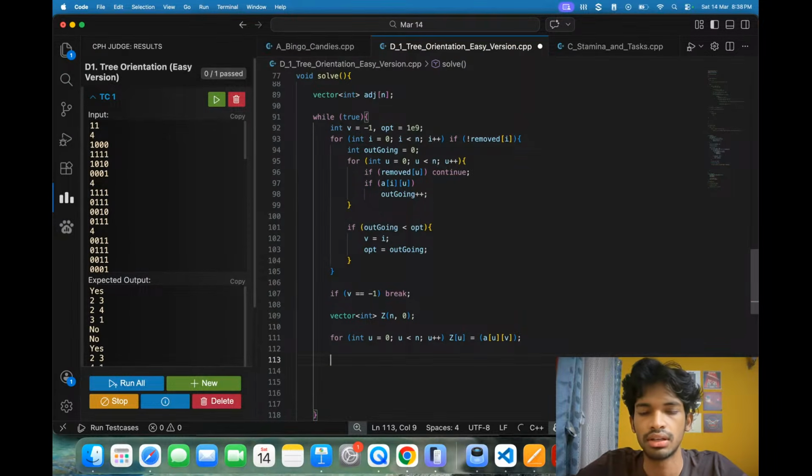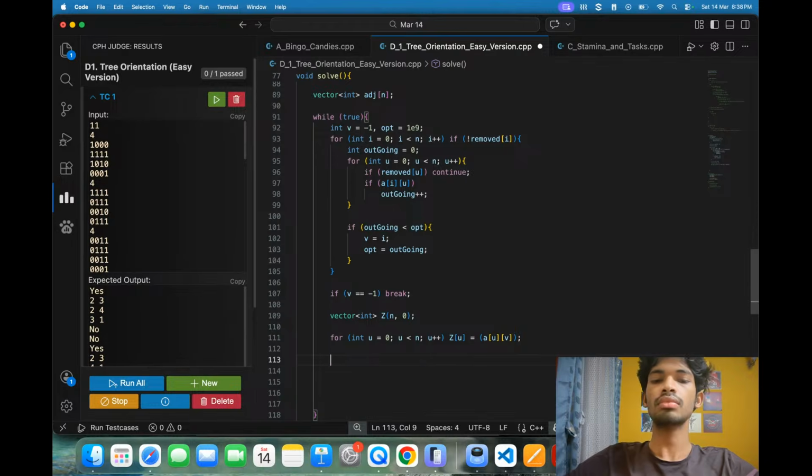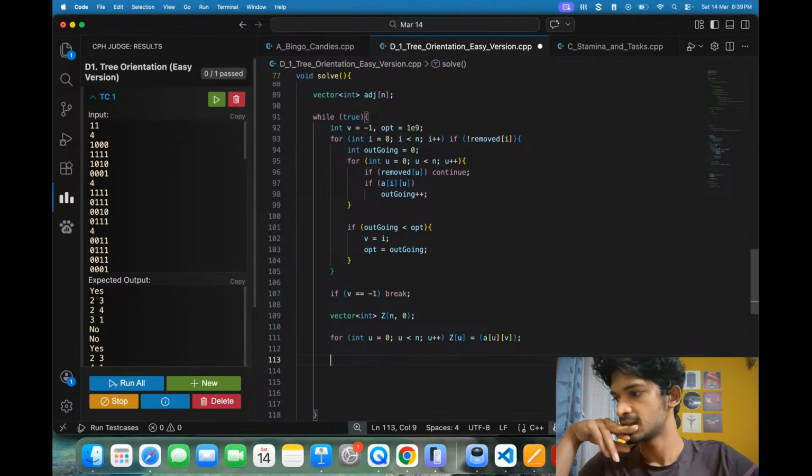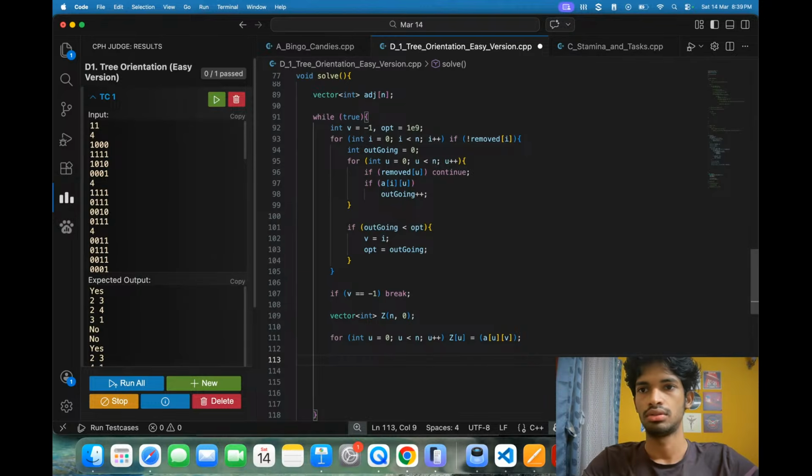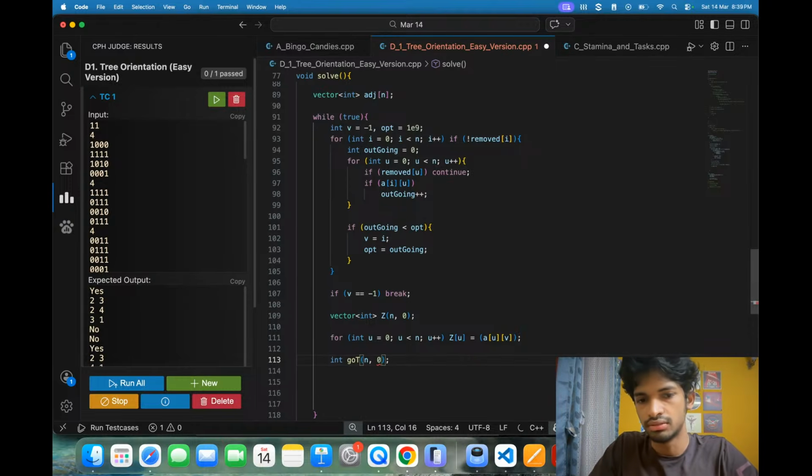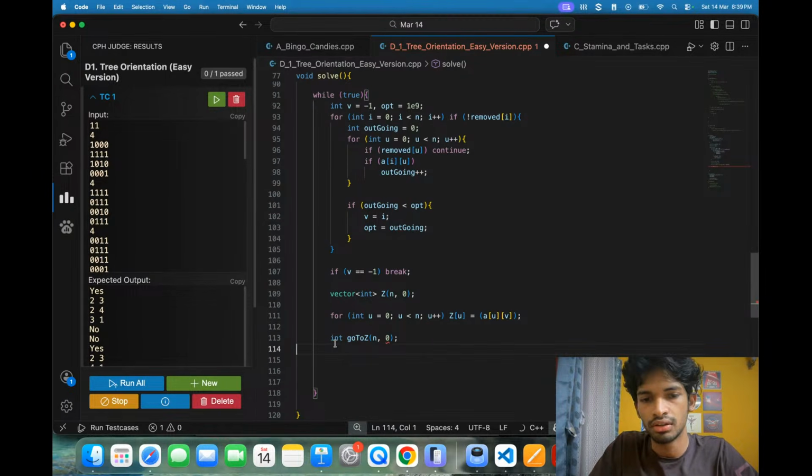So now you have to think. For now, you only focus on these values, and then you see how many of these point to none of them. Okay, how many of them have zero? So if you try to find the number of things that go to each of them, then you can just increase. Let's call that go to z.